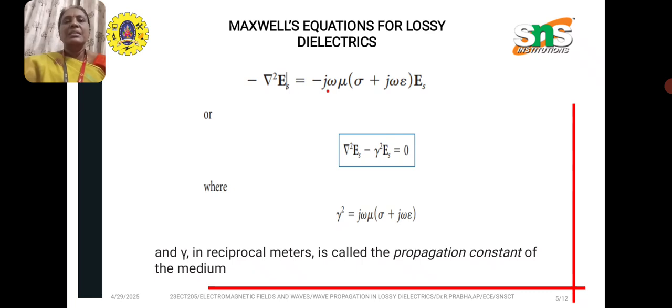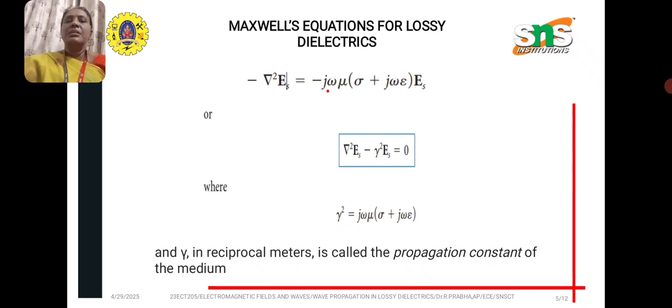We have del squared Es minus gamma squared Es is equal to 0, where the parameter gamma squared is equal to j omega mu into sigma plus j omega epsilon. This gamma is called the propagation constant, and it is a very important parameter in describing the propagation characteristics of an electromagnetic wave when it is traveling through any type of medium.